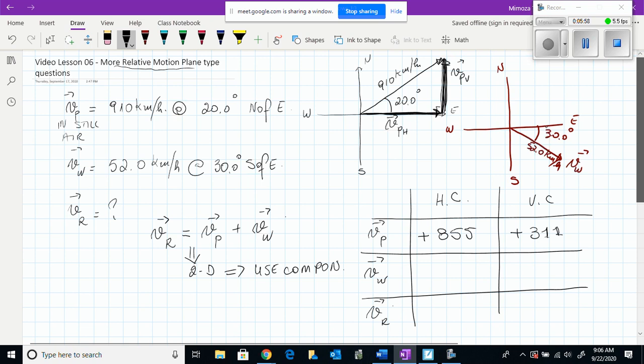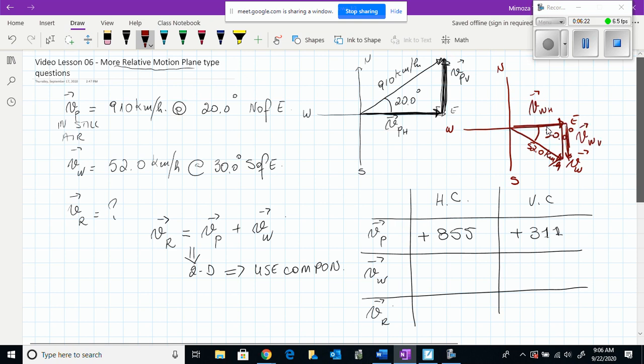And now when we are dealing with the wind, we have to follow the same process. Create the right angle triangle that includes the given angle. Whatever is on the horizontal will be the horizontal component of the wind velocity, and whatever is on the vertical will be the vertical component.